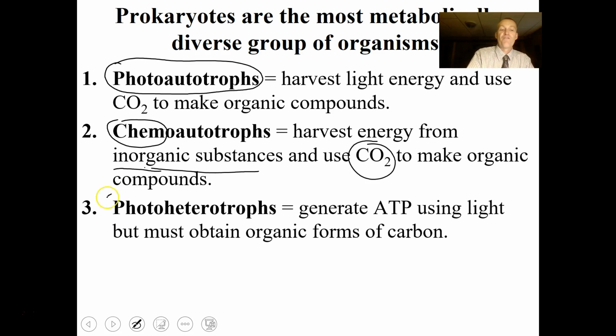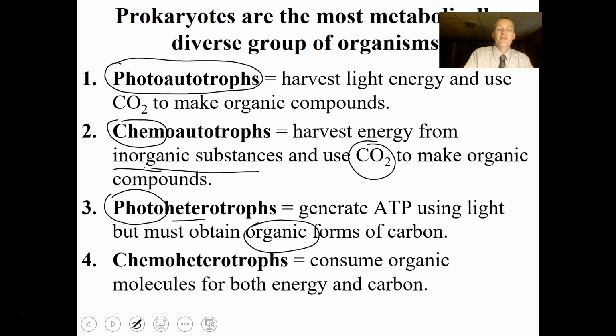There are also photoheterotrophs. These generate ATP using light, but they have to eat organic forms of carbon. So they actually have to go and eat organic forms of carbon, maybe decaying, dying organisms, but they do use light to make ATP. That's really a cool organism. And then there are chemoheterotrophs, which are just organisms that consume organic molecules, both for energy and for their carbon source, so they can make new molecules for their body.